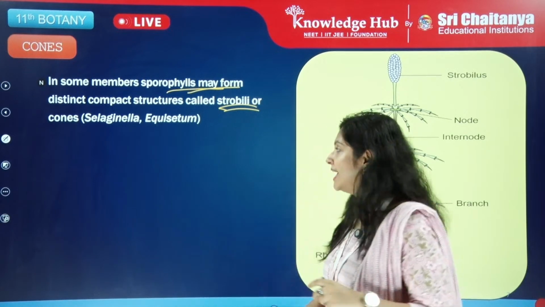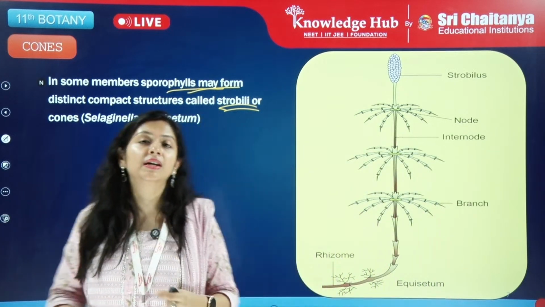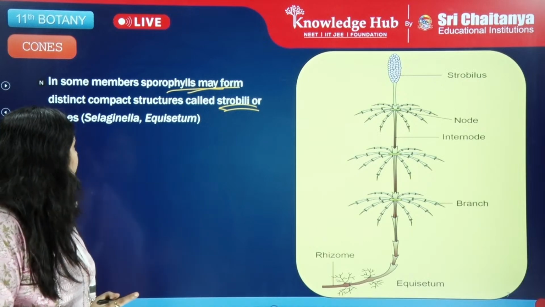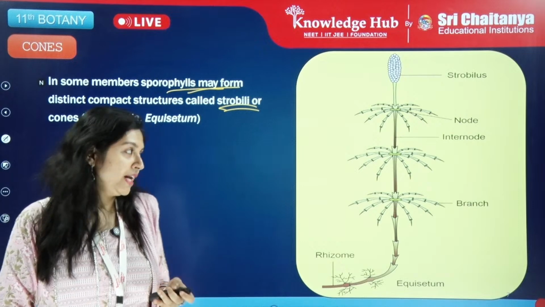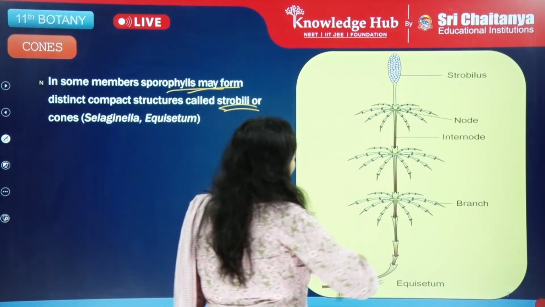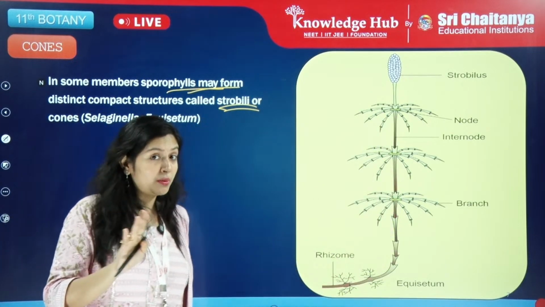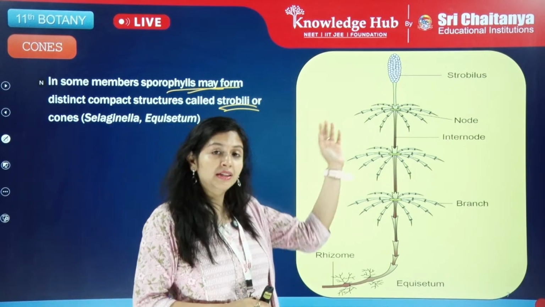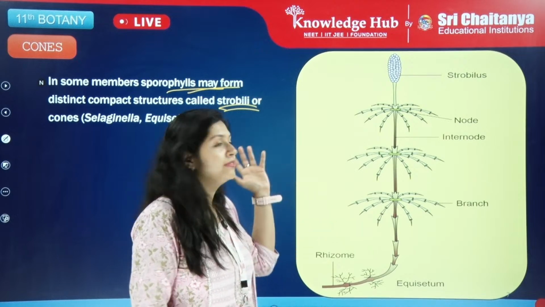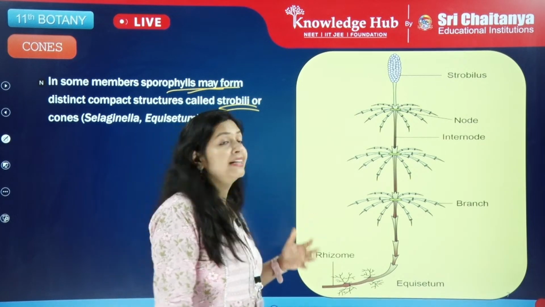Examples of such plants which bear strobili or cones are Selaginella or Equisetum, right? So they will just be going up like this. The leaves do not bear any spores here, my dear students. So the leaves will not bear any spores. They will just have the long extended leaves, okay?